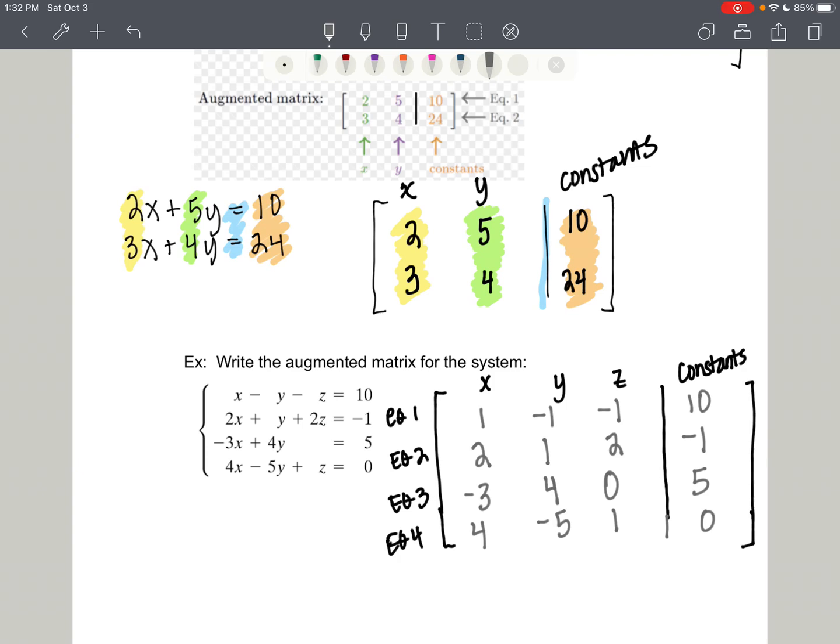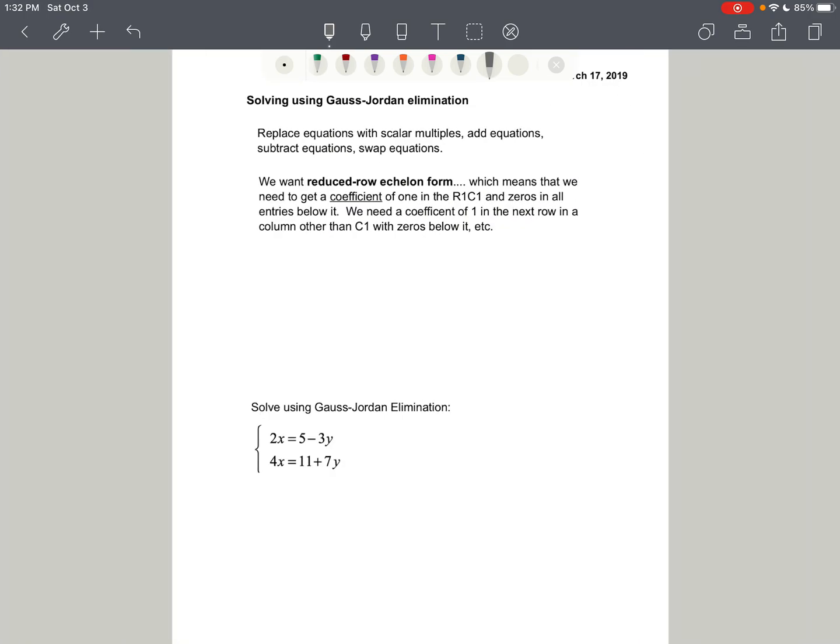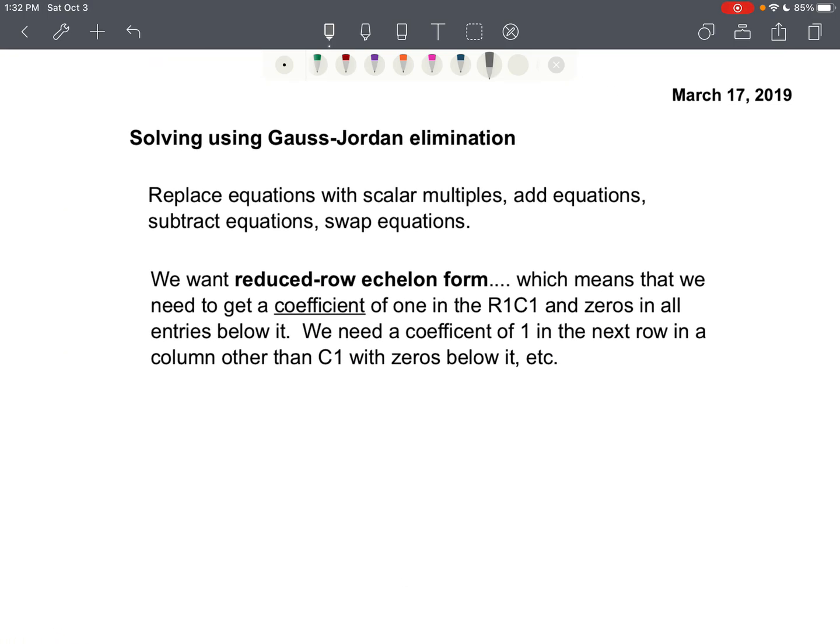Now what we're going to be able to do with these augmented matrices is solve using Gauss-Jordan elimination. You replace equations with scalar multiples, you add equations, you subtract equations, and we can swap equations. We want to get reduced row echelon form, and that means that we need to get a coefficient of 1 in row 1, column 1, and zeros in all the entries below it.